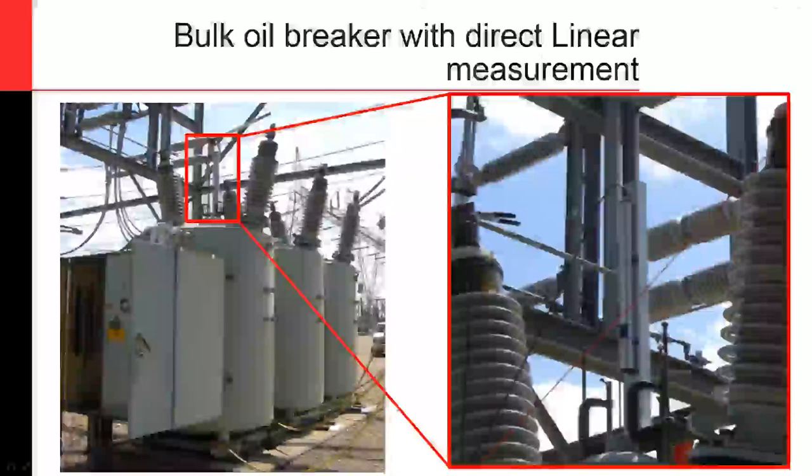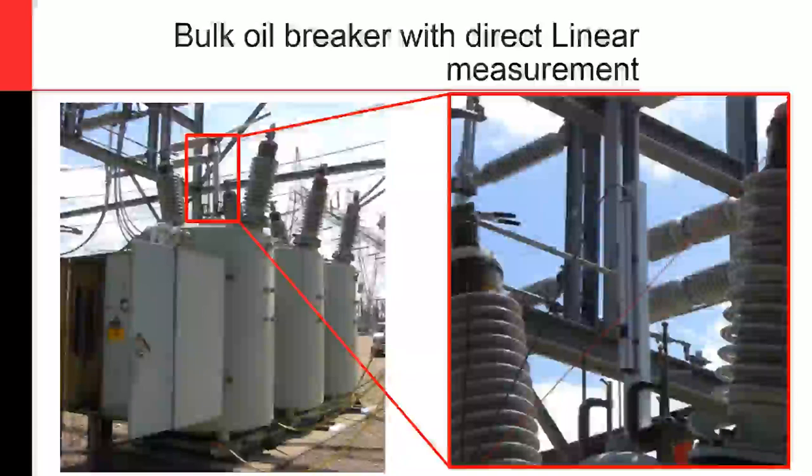Looking at some of our different transducer connections, on the left is your bulk oil circuit breaker, and on top of one of those tanks we are hooking up a nice linear transducer. If you zoom in on the right, you'll see it's right on top, and there's a 10-32 piece of all-thread going down through there and connecting to the circuit breaker.